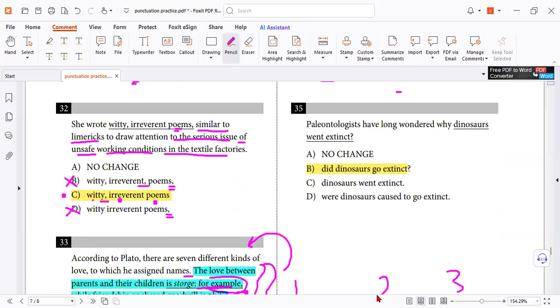35. Now 35 we should read again. We know why dinosaurs went extinct. Is it D?